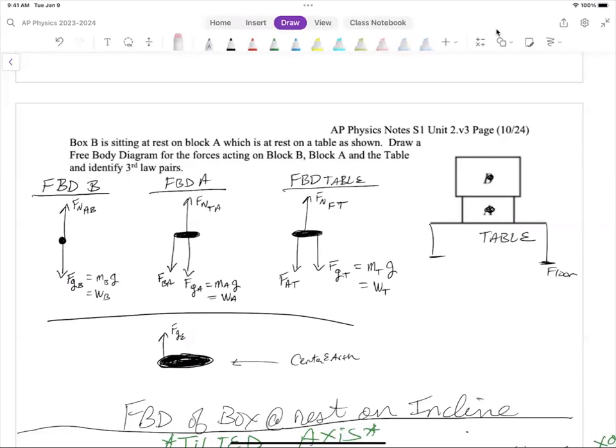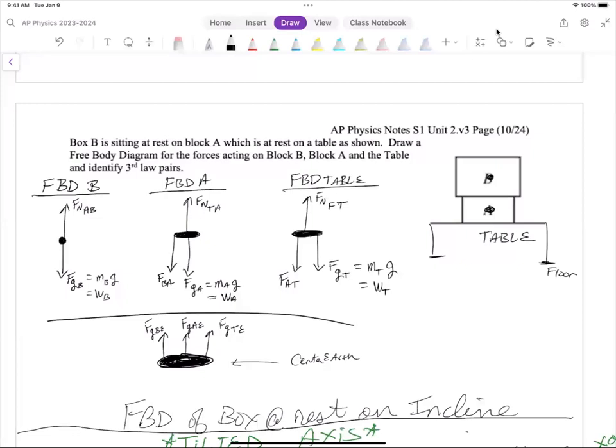This is more than what the instructions said, but I'm just going to do it anyway. This is the force of gravity by B on the Earth. This is the force of gravity by A on the Earth. This is the force of gravity by the table on the Earth.